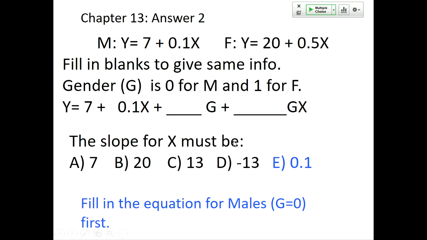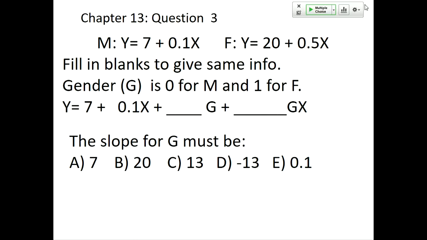All right, we'll move to the next one. The slope for G must be what? Think about it. G is only going to enter in for females, when it's 1. Females are 1, so when this is 1, what do we want that slope to be?